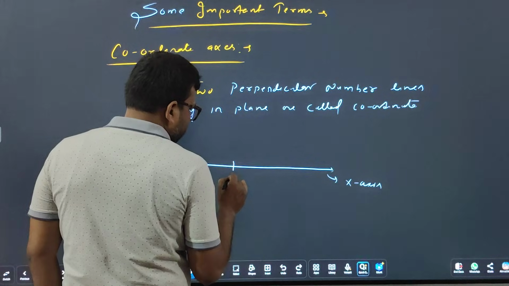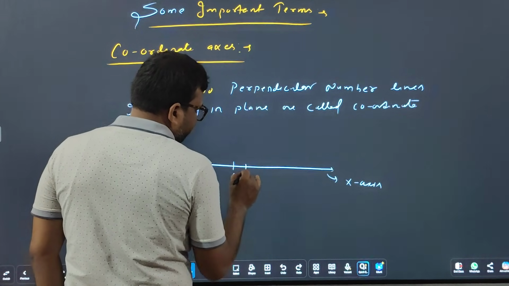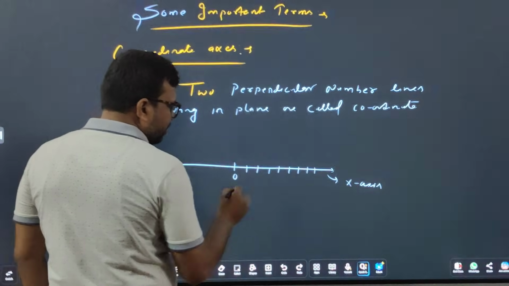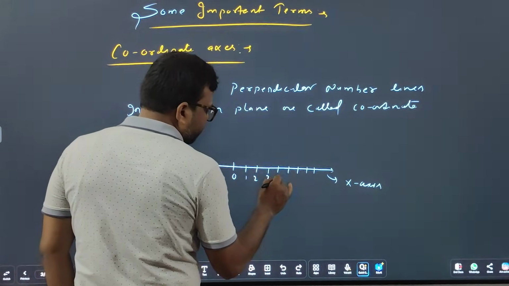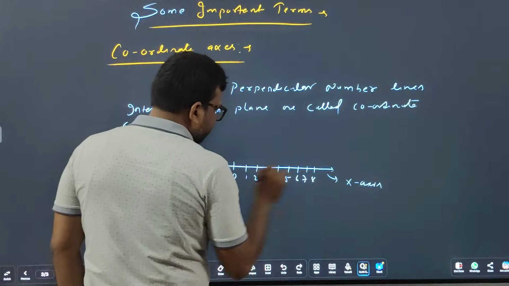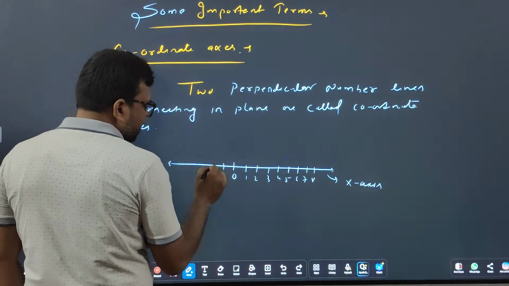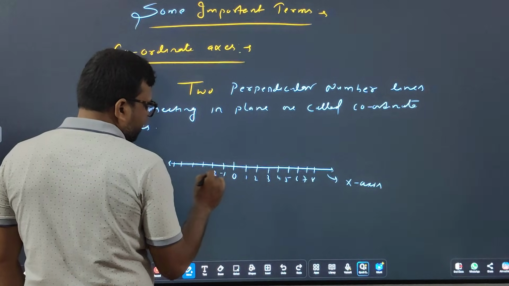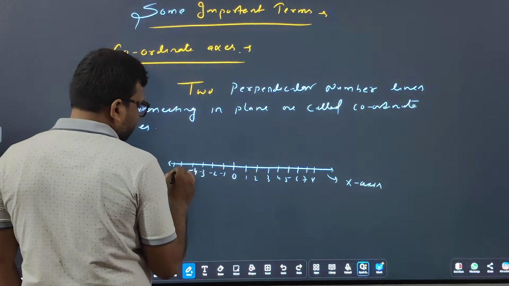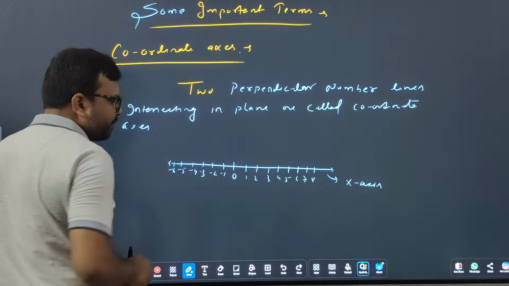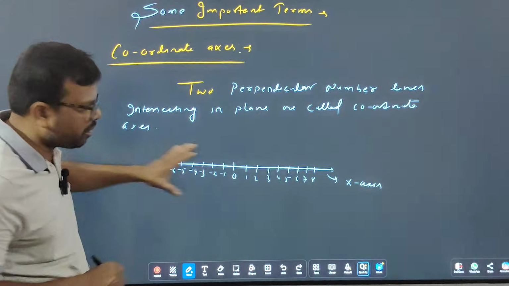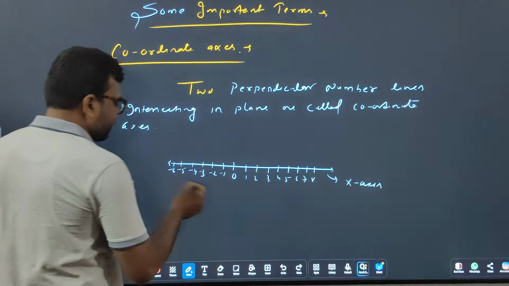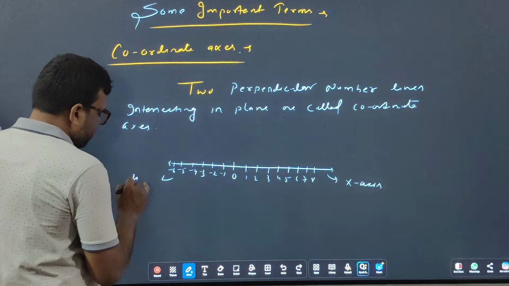This starts from 0, 1, 2, 3, 4, 5, 6, 7, 8, and on the left side it is negative: -1, -2, -3, -4, -5, -6. This is called the x-axis, and it is also a horizontal number line.